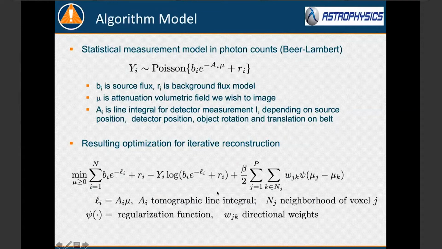The big problem: this looks interesting and nice, but there are a couple of things to highlight. Big N is 10 to the 8th. So there are many, many unknowns and many measurements. The things that we're inverting for, the things that go into the field mu, are also of that general magnitude, a very large set of variables.